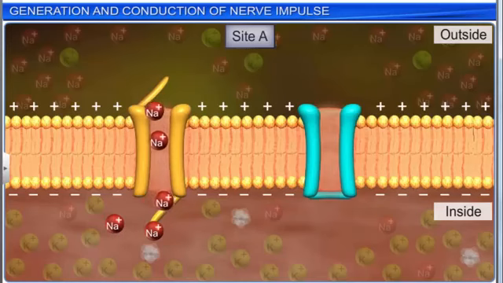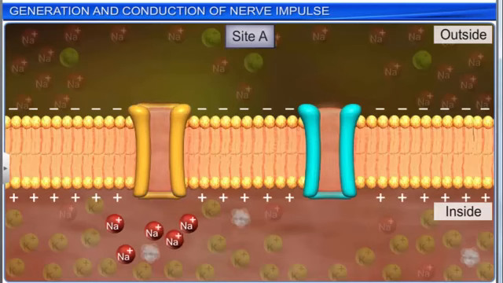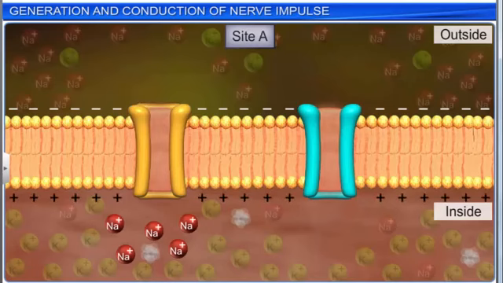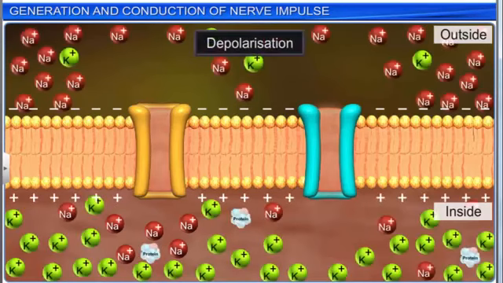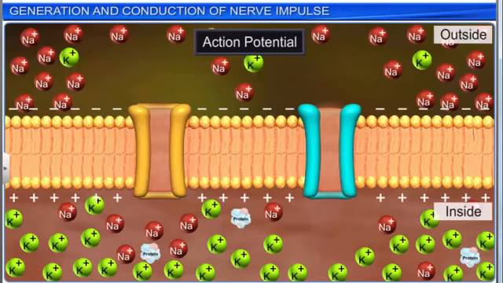This leads to a rapid influx of sodium ions that reverses the polarity of the site. That is, the outer surface of the membrane becomes negatively charged and the inner surface becomes positively charged. This reversal of polarity across the two sides of the membrane is called depolarization. The electrical potential difference across the plasma membrane at site A is called the action potential.